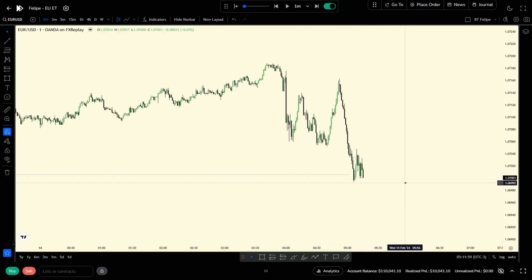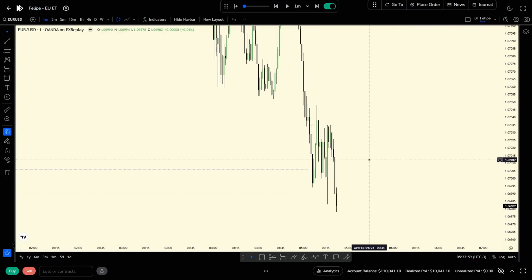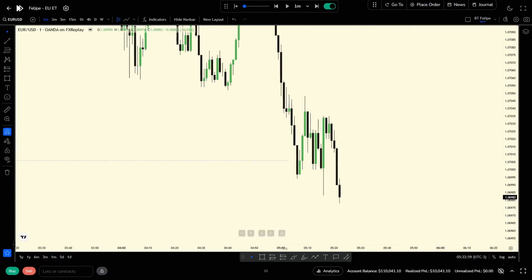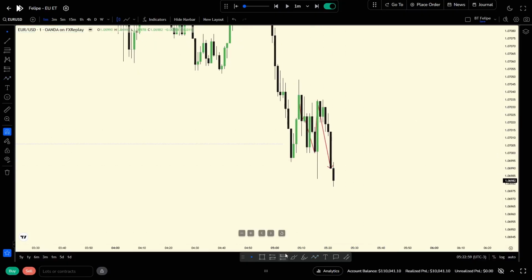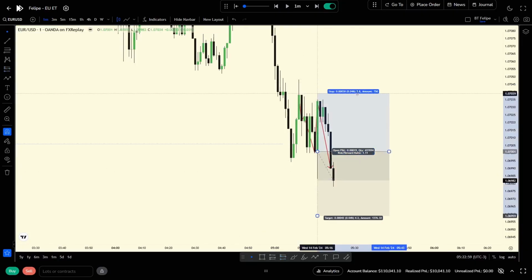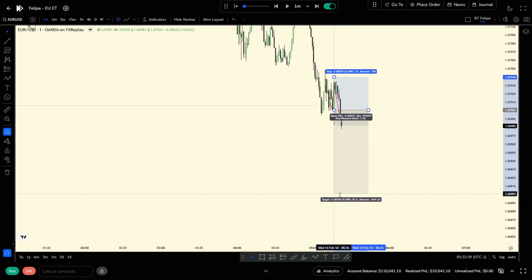And BOS right here, we give the setup. Can even use this one. We can try this, but it's kind of risky, because we just had the break of structure.